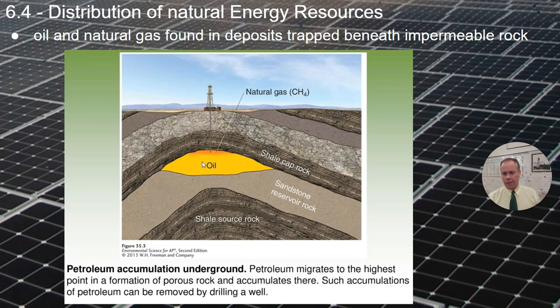So this oil deposit, and it has natural gas on top of it, is an area that can be accessed by companies exploring and then extracting, through an oil well or some other means, the crude oil that's in this deposit and the natural gas. But the thing to keep in mind is that the source is this bottom layer. And then we have the permeable layer and then the impermeable layer, the cap rock. That's how these deposits are often found.